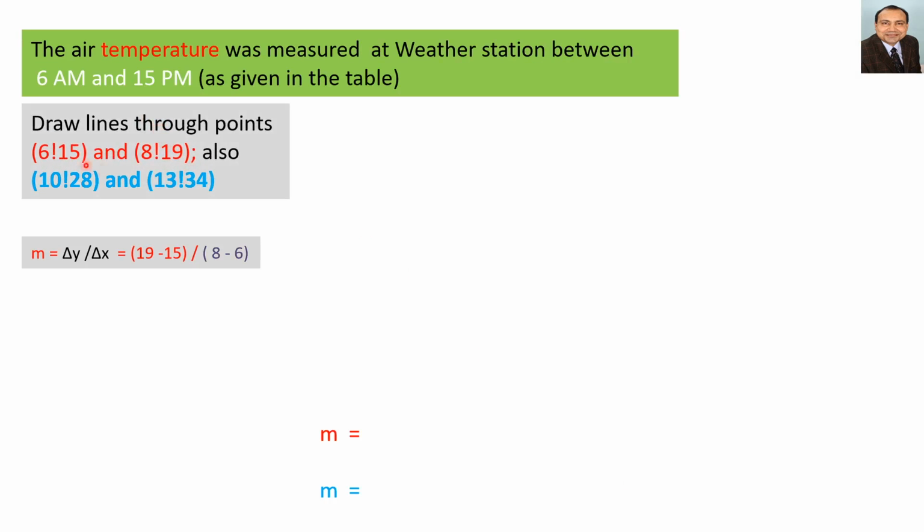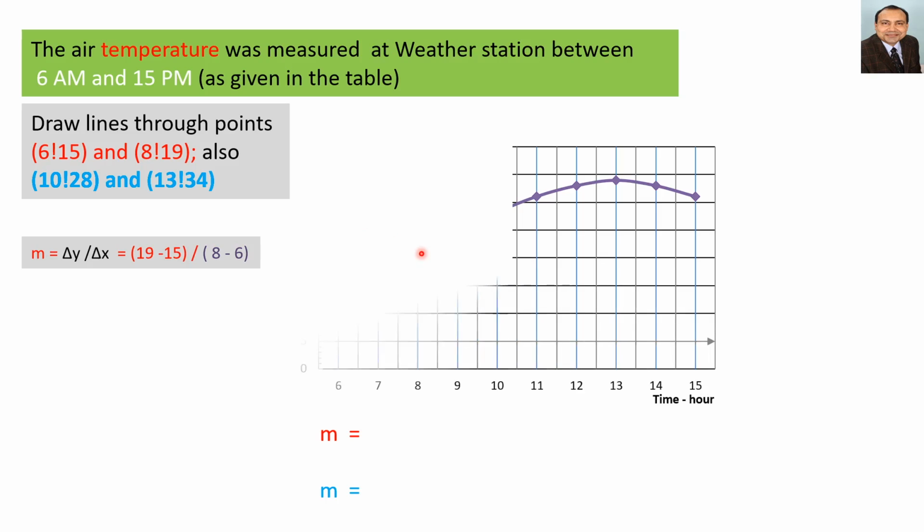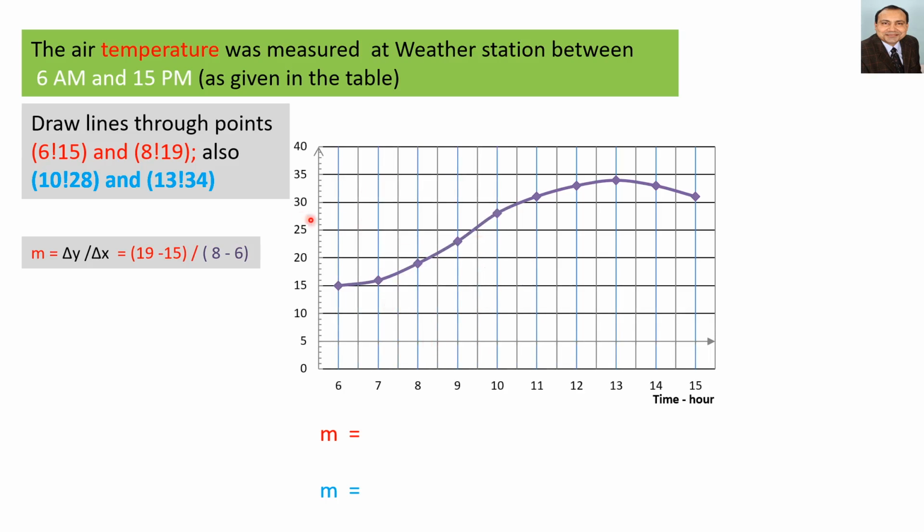So the same thing, now you have the same graph. What should we do now? Draw lines through points. Which points? x is 6, temperature is 15, and 8 and 19. So this is a straight line.